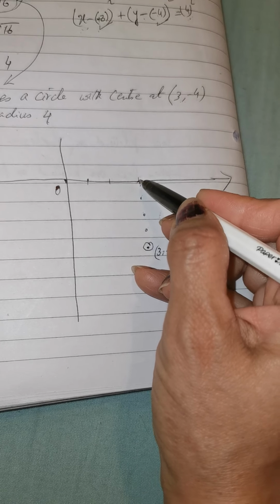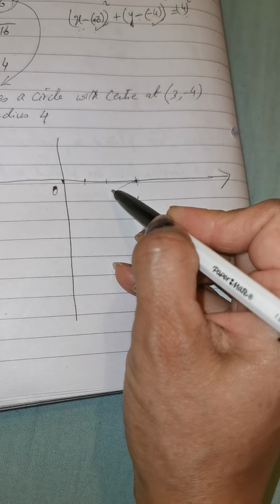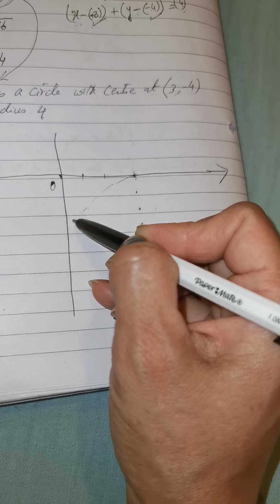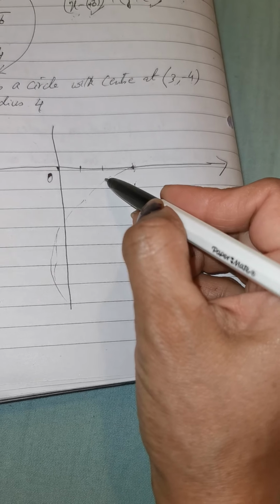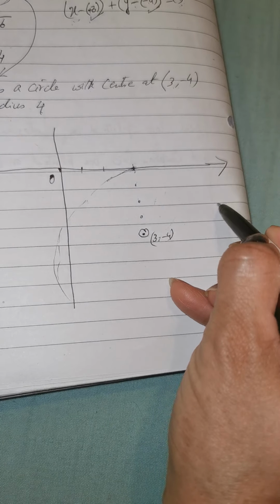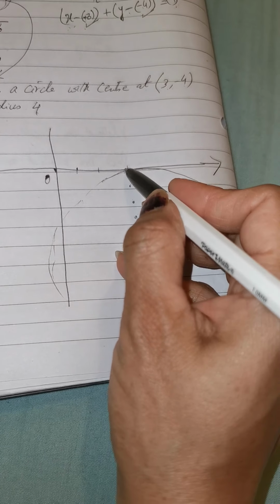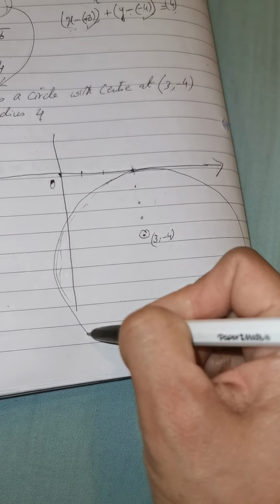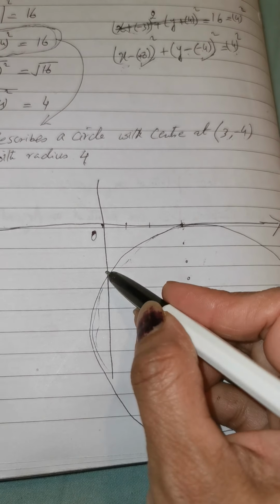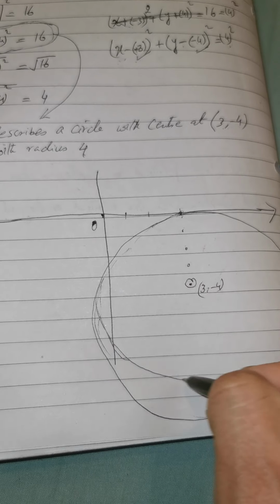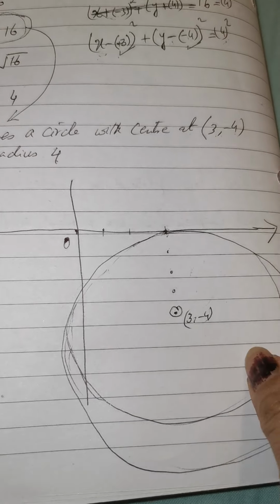So our circle will be like, if you draw it, so it will be like that. You will draw it properly, I have drawn it randomly.